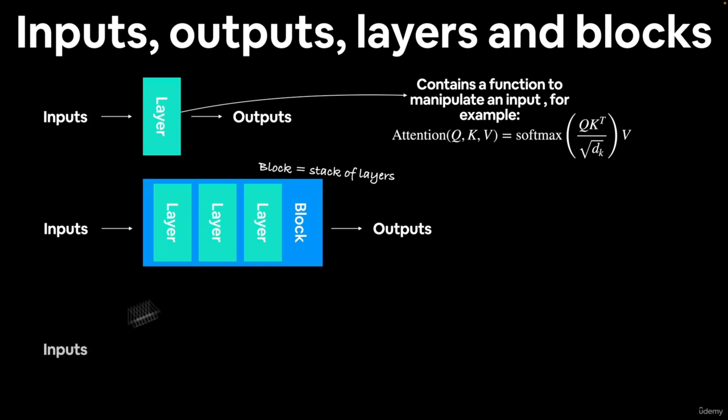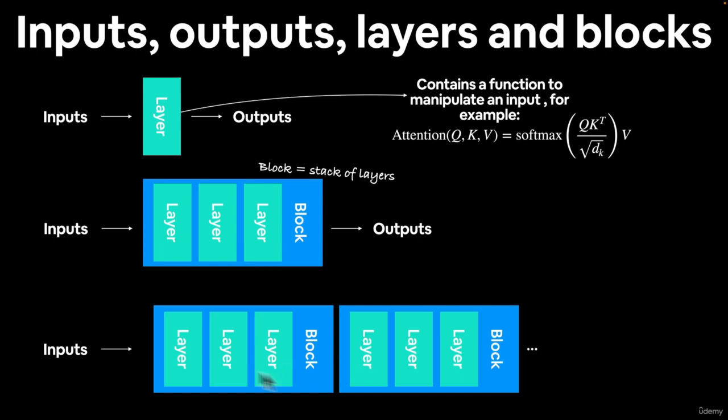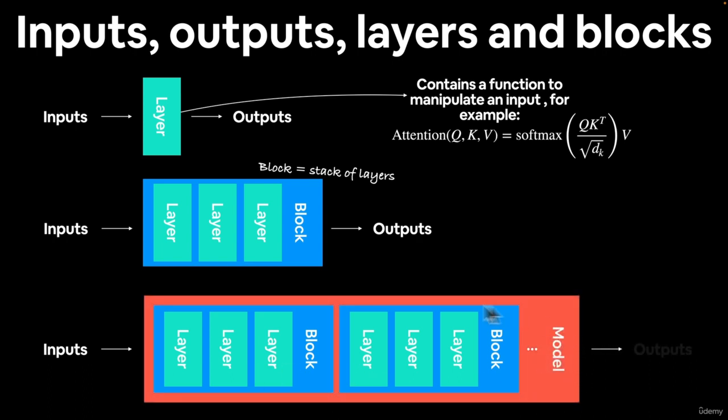And then if we go again, we have inputs. We want to stack multiple blocks on top of each other. We get a model. So a model is a stack of blocks, but the same principle remains. And we've seen this by building neural networks throughout the entire course, is that we have some sort of inputs. In our case, it's going to be images.